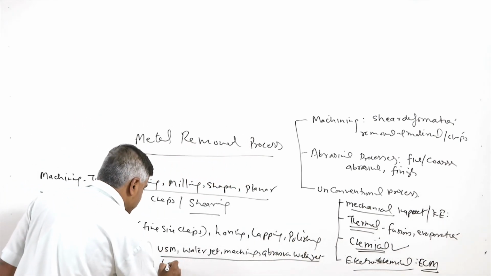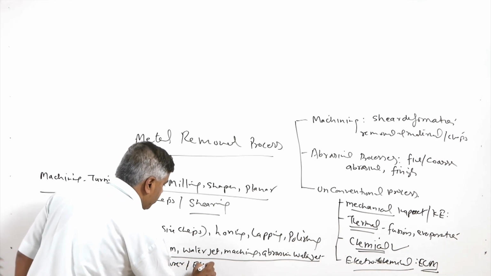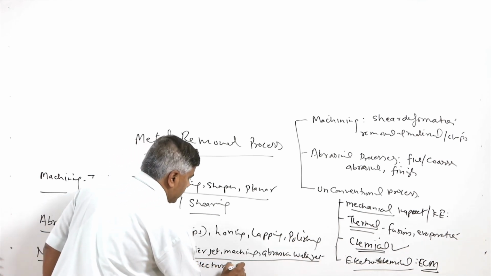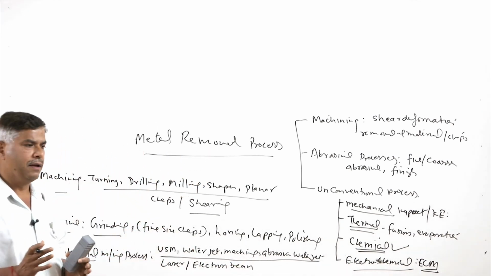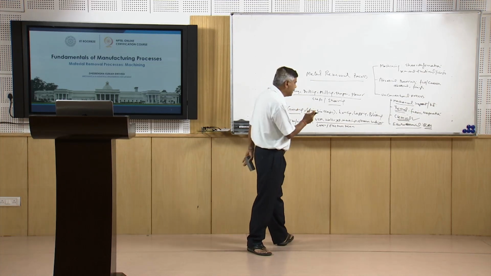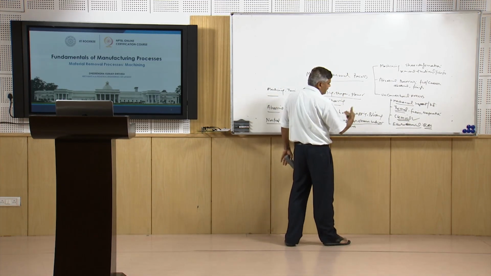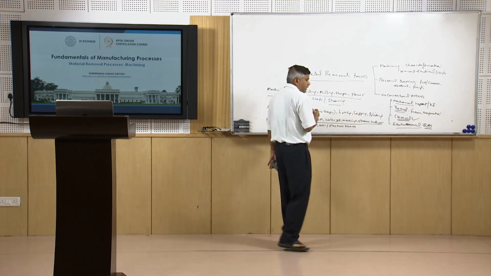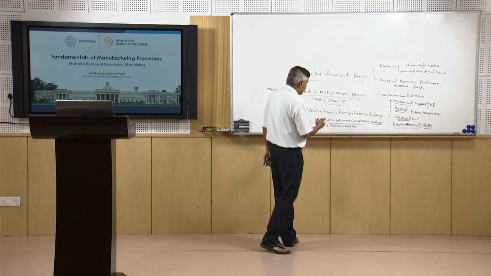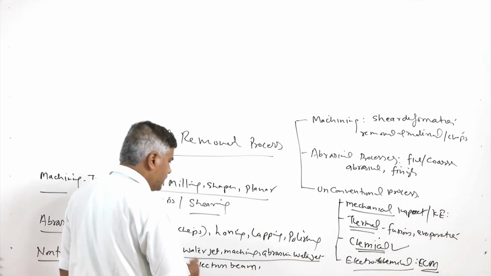Then laser and electron beam processes, where high energy beam is focused over a small area, so that the metal ablation or the evaporation takes place, and controlled removal of the material from the stock helps to achieve the desired size and the shape.